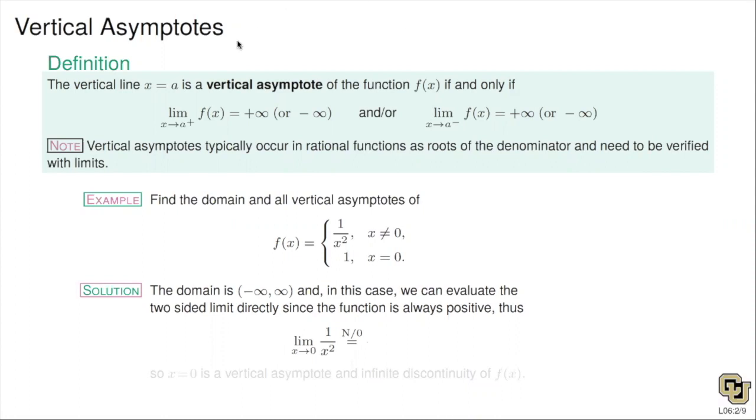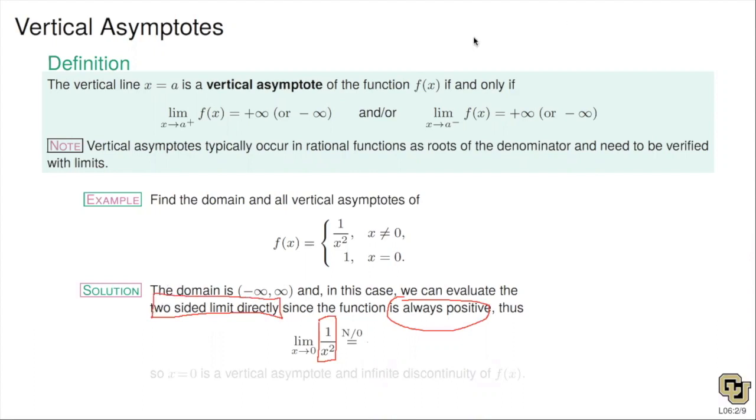Now, because this is a two-sided limit, I should check the one-sided limits, but in this case, we get a break. In this case, we know that 1 over x squared is always positive if x is not equal to 0. Since 1 over x squared is always positive, I can skip the one-sided limits and evaluate the two-sided limit directly.